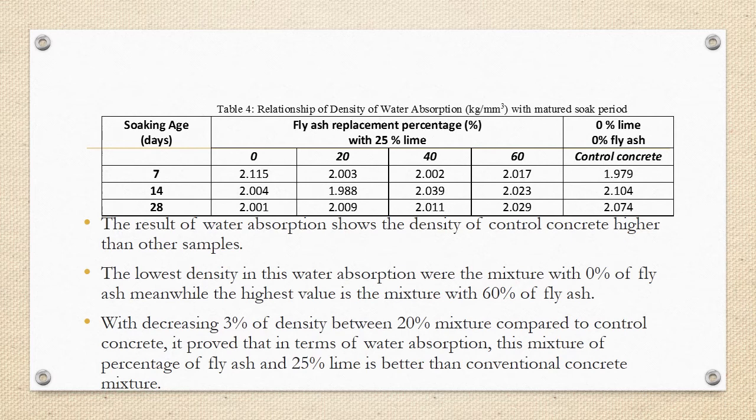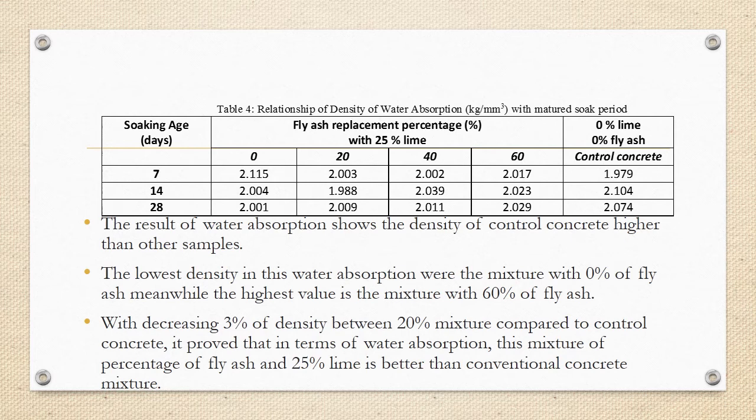This table shows the relationship of density of water absorption with matured soak period. The result of water absorption shows the density of control concrete is higher than other samples. The lowest density in this water absorption was the mixture with 0% of fly ash.